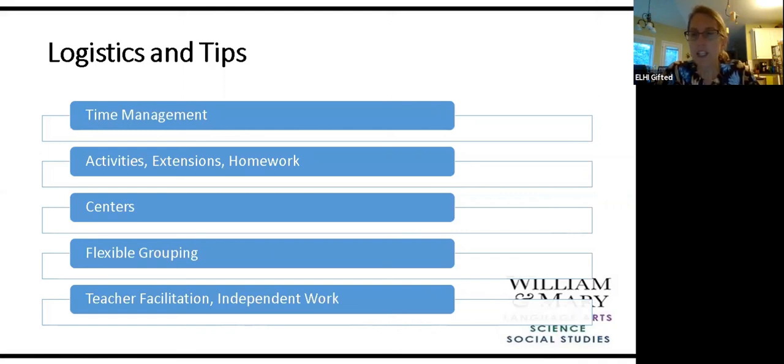I think I had mentioned to Jill in one of my emails that even though my whole class was identified gifted in language arts, I still did a lot of reading aloud of these selections. I read almost every one of them out loud to the kids because I had some English language learners, I had some dual identified kids, and I wanted to make sure that decoding issues didn't come into play, and I wanted them to have equal access to the material.